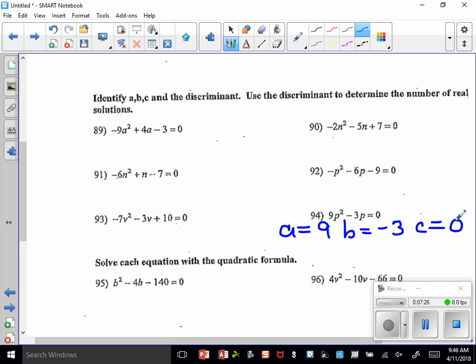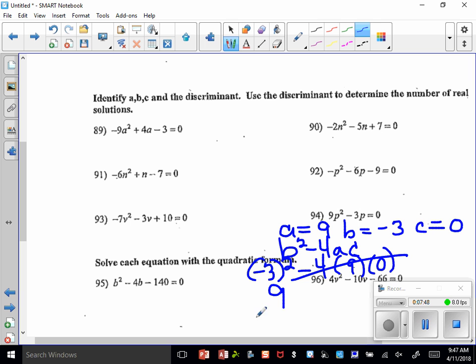So when I do b squared minus 4ac, I'm going to have (-3) squared minus 4 times 9 times 0. I know this is just going to be 0 anyway, because anything times 0 is 0. So my answer is just going to be +9. And of course, that will give you 2 real solutions.